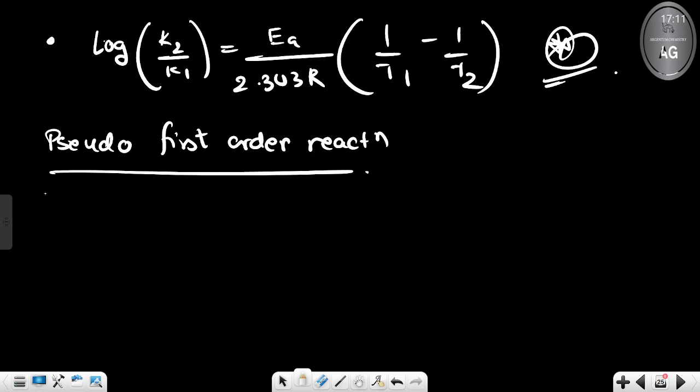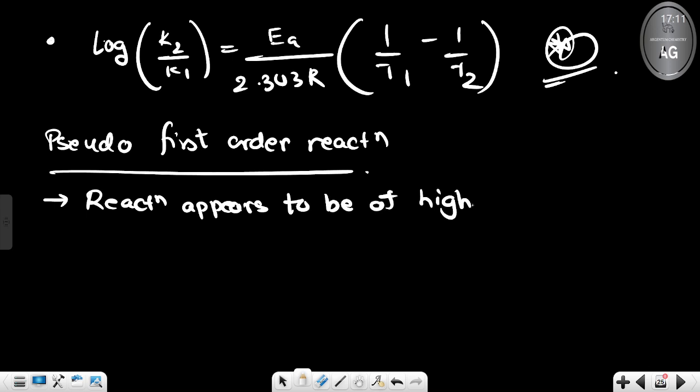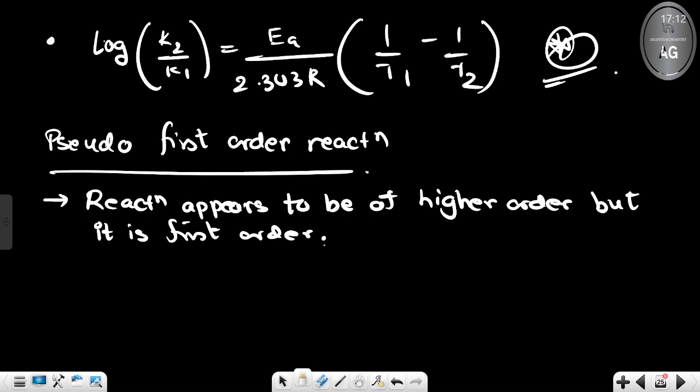What is happening is that the reaction appears to be of higher order, but actually it is a first order reaction. This is called pseudo first order reaction.